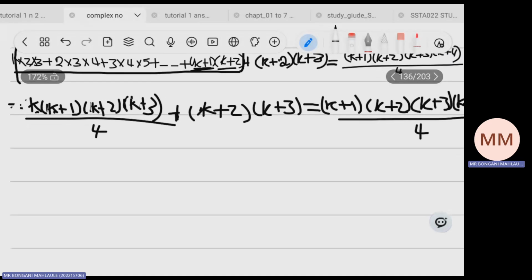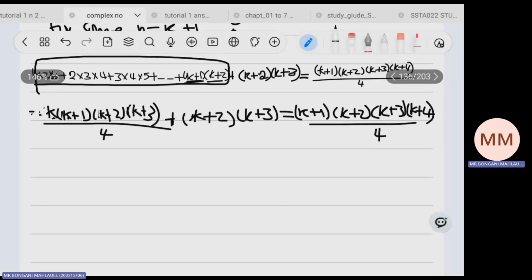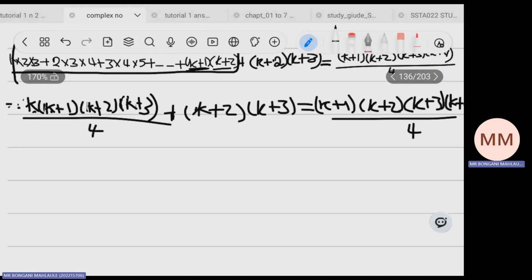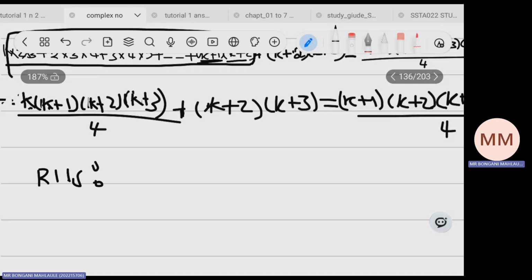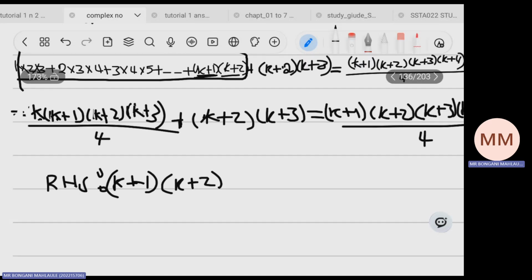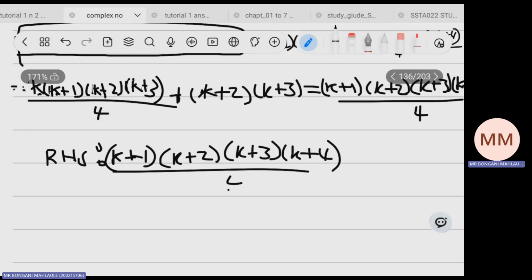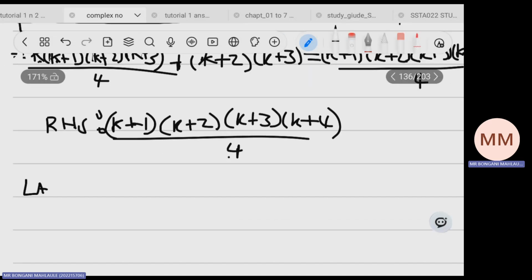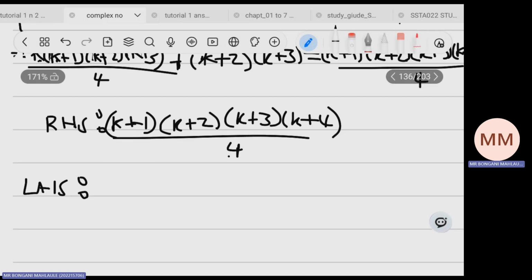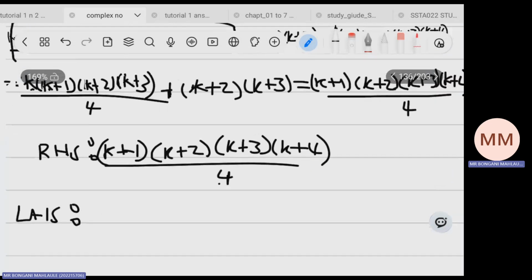In this case, allow me to take the left hand side alone, or we can write the right hand side first. So the right hand side will be equal to this, and I can take the left hand side and we'll see what we can get.